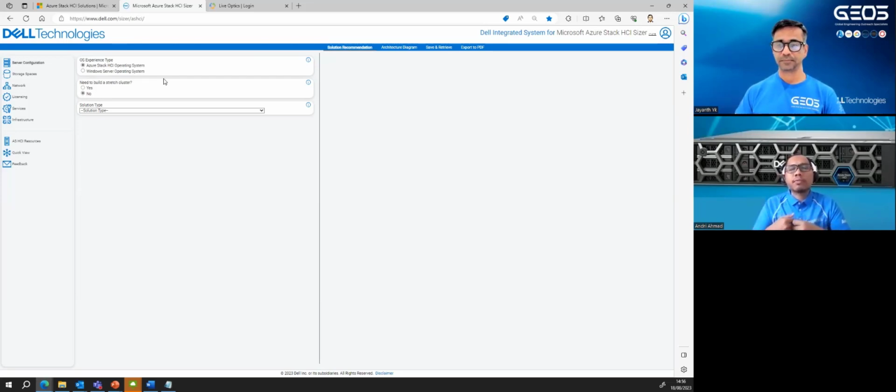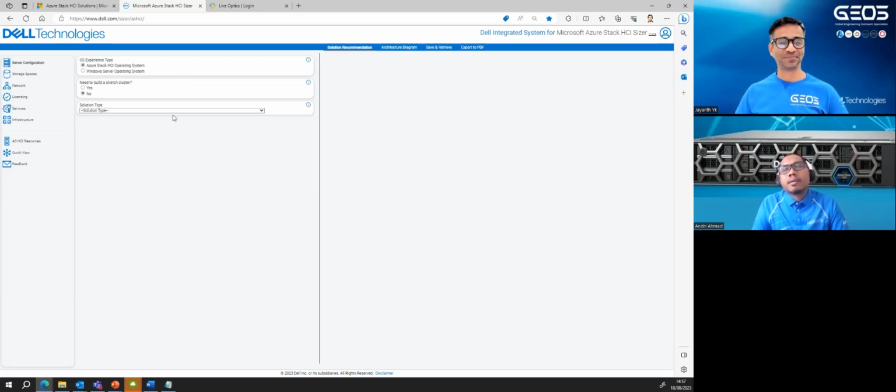Microsoft has even invested more features in Azure Stack HCI OS as the best virtualization platform, like stretch clustering, which is only available on the Azure Stack HCI OS, extended security updates, and many other benefits. Just a quick note to our listeners: there's also a video on my YouTube channel where I'm comparing Windows Server versus Azure Stack HCI. Feel free to go and check that video out.